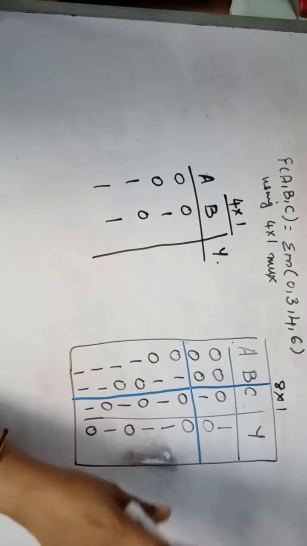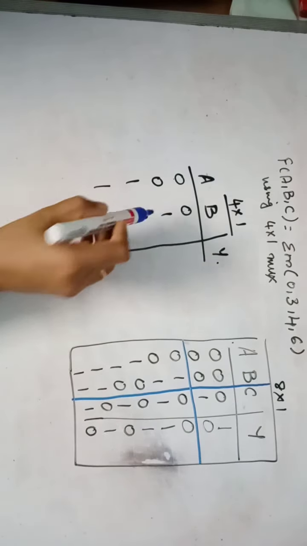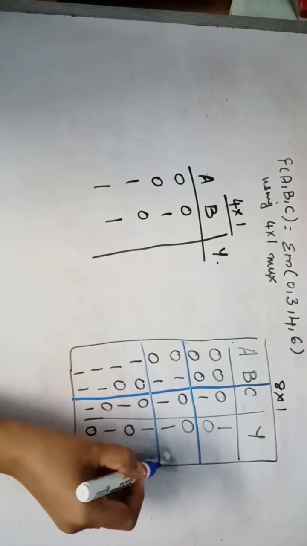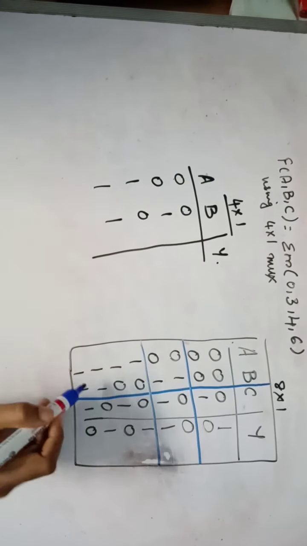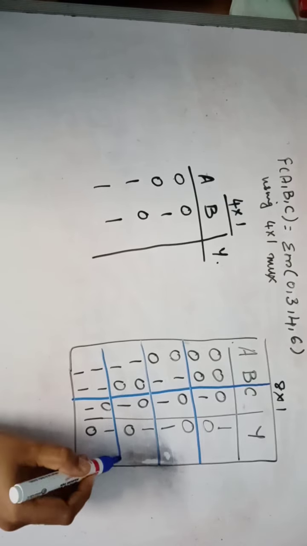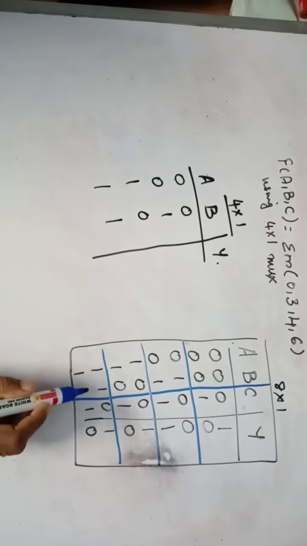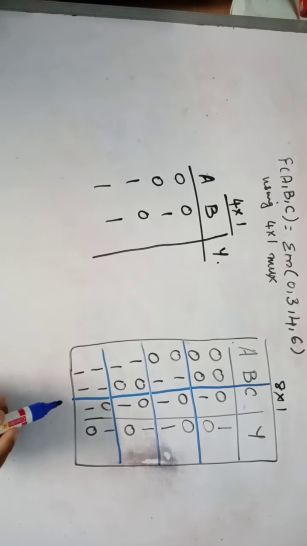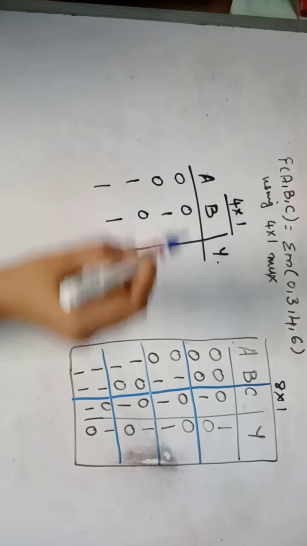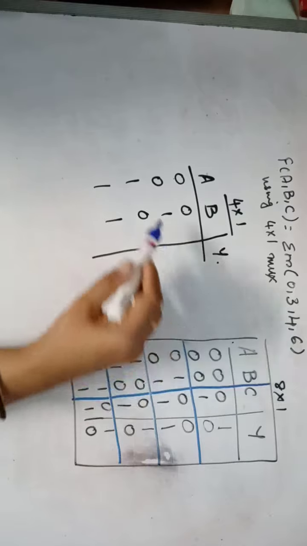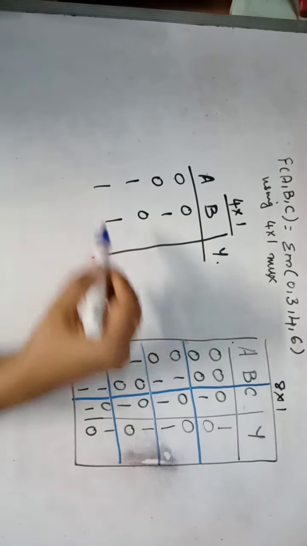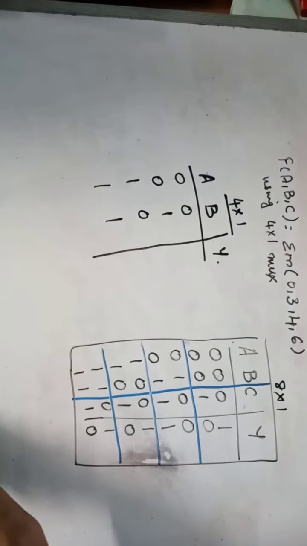Then you have 0, 1, so A0, B1, in the next 2 rows. Then 1, 0, A1, B0, and this is A1, B1. A0, B0 means these 2 cases. A0, B1 means these 2 cases. A1, B0 is these 2 cases, and A1, B1 is these 2 cases.